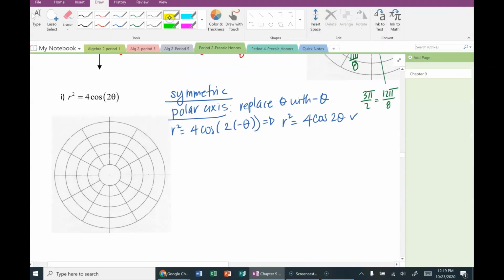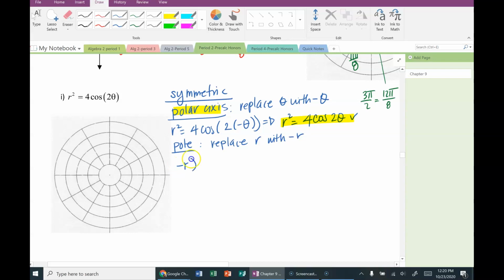So we will highlight it, and then we will go check the other ones to see if they also work. Next, I want to go to the pole or the line. It doesn't really matter, guys. For the pole, you could replace r with negative r.